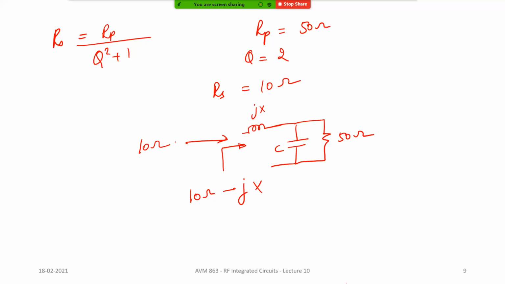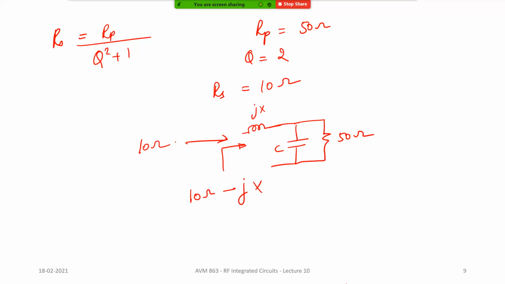You know that when you go from parallel to series, you have reduction in impedance, or when you go from series to parallel, you have an increase in impedance. Here I wanted to down convert 50 ohm to 10 ohm. All I did was put a capacitor in parallel to that. We know that when you have two elements in parallel, the effective impedance is reducing.